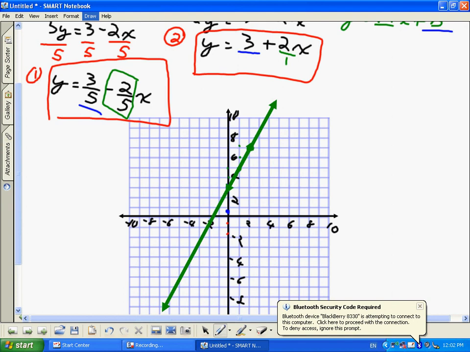So I'm not on actual grid corners right now, but I'm still only moving 2 spaces from the y-intercept. I have to move 5 to the right. 1, 2, 3, 4, 5. So my point is roughly there.